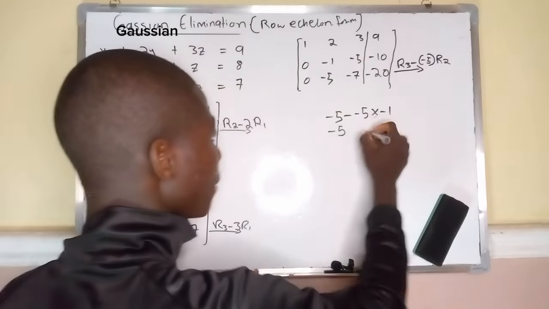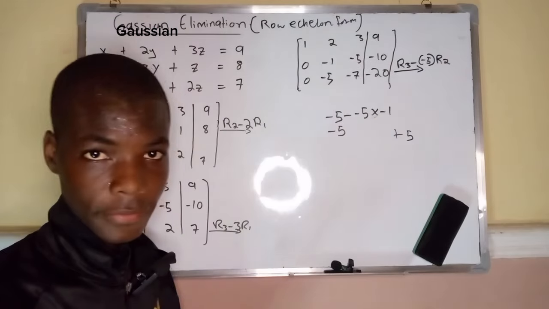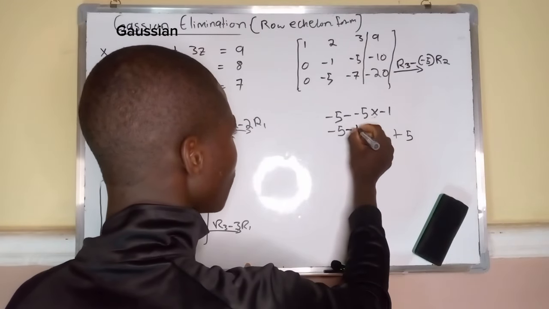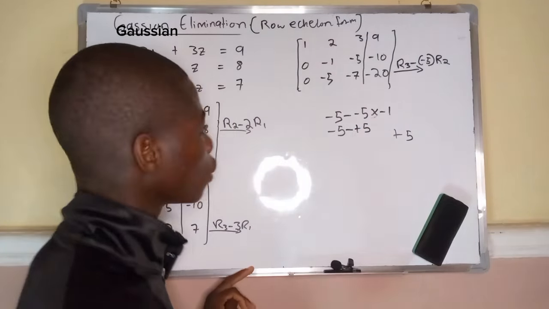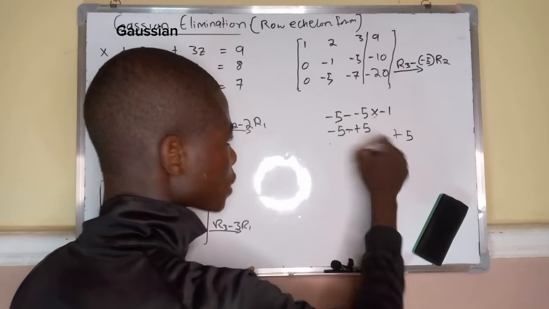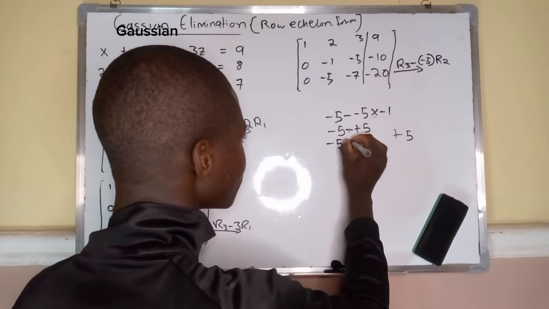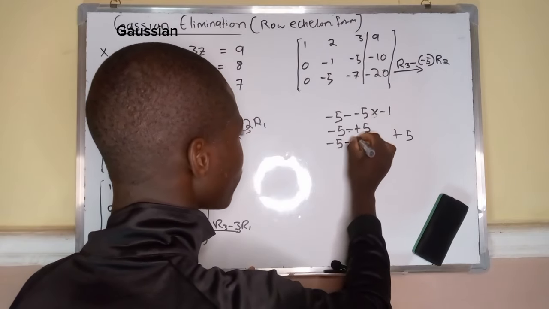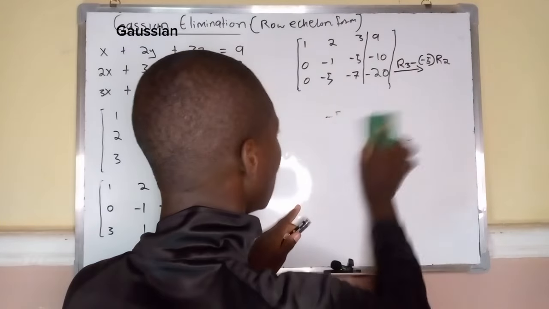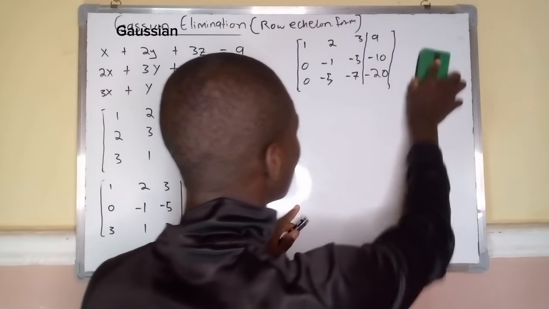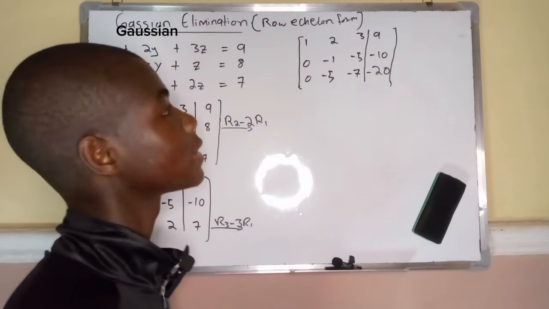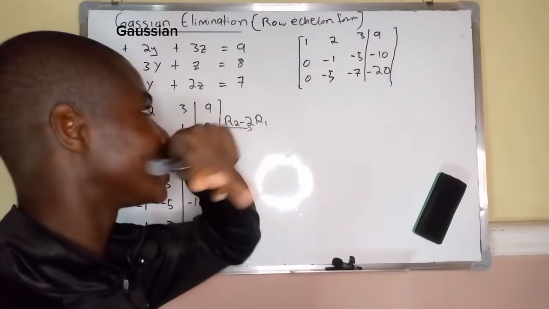I'm having positive 5. And then I will have plus 5. So therefore, it will become minus 5 minus 5. Still the same thing, I'm having 10. But we make it always twice, and it doesn't make sense because we can't get 0 in here.